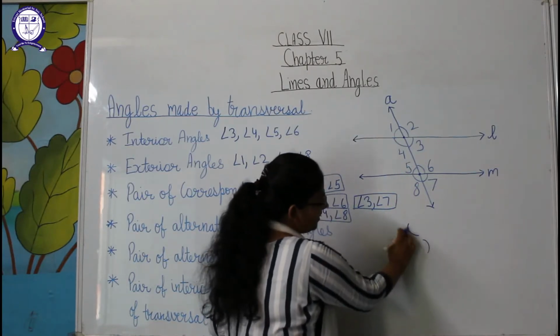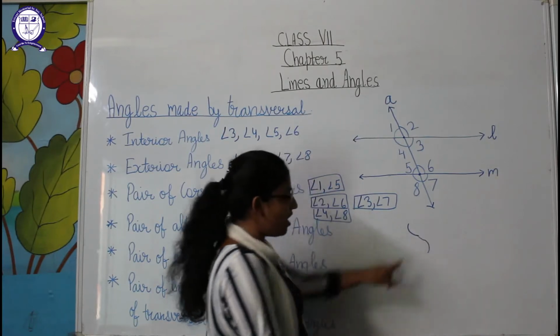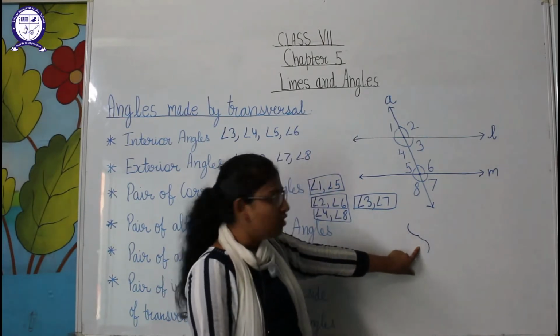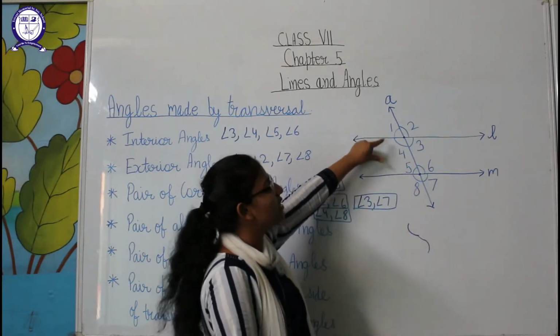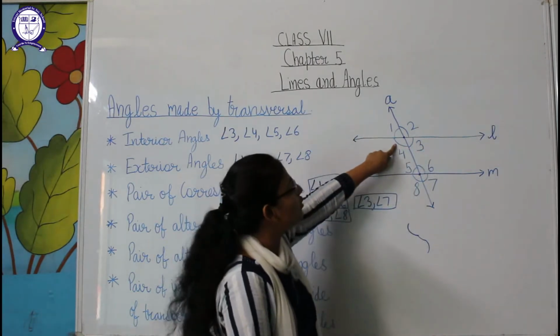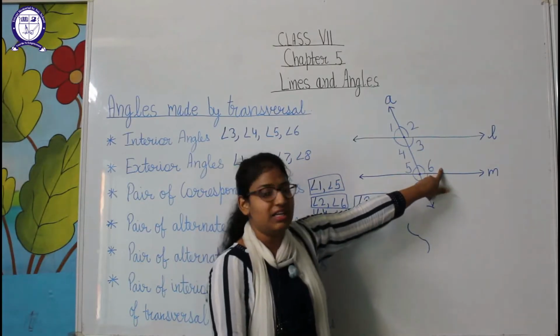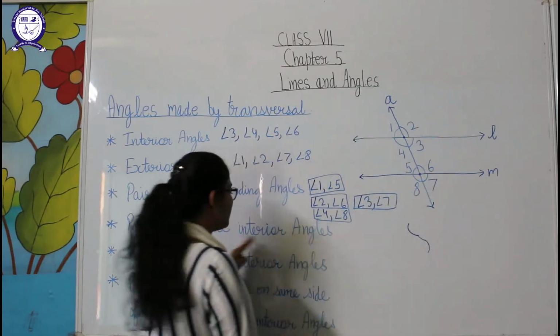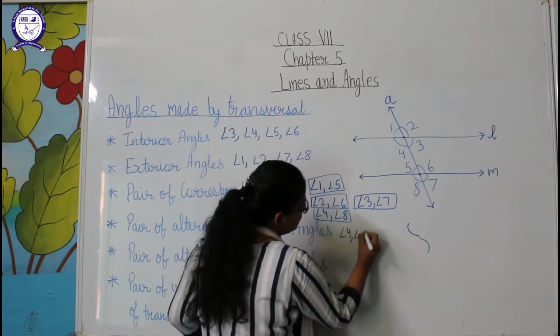It means they are forming half of the 8. If we join like this, they are forming half of the 8. Okay, means they are alternate angles, and they should be in the interior part. So interior part is this portion. So angle 4 and angle 6, these are alternate interior angles. So the pair of alternate interior angles is angle 4 and angle 6.